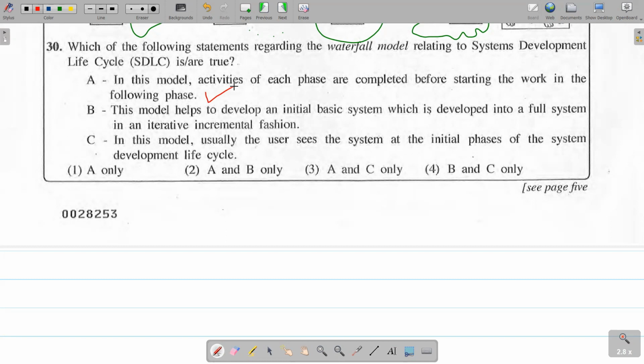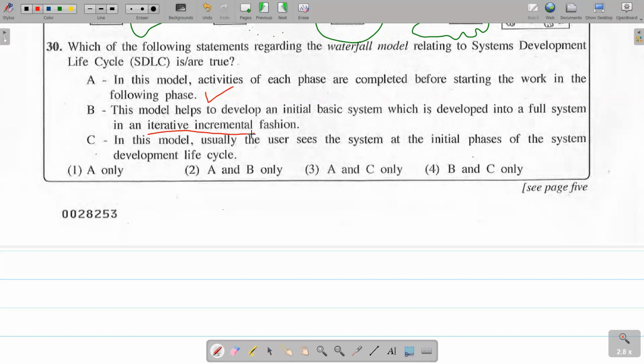B says this model helps to develop an initial basic system which is developed into a full system in an iterative incremental fashion. You have to capture the incorrectness of the statement from this. There is no iterative incremental nature inside the waterfall. The one which has the iterative incremental fashion is the iterative incremental model, right? So no, it's wrong.